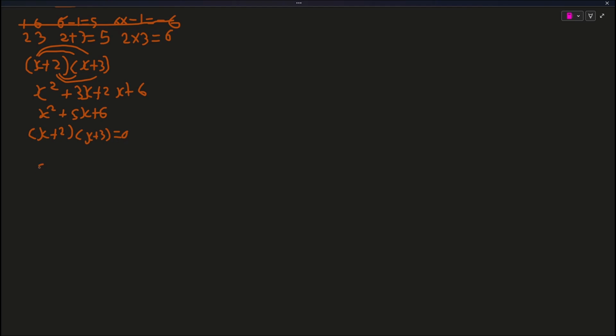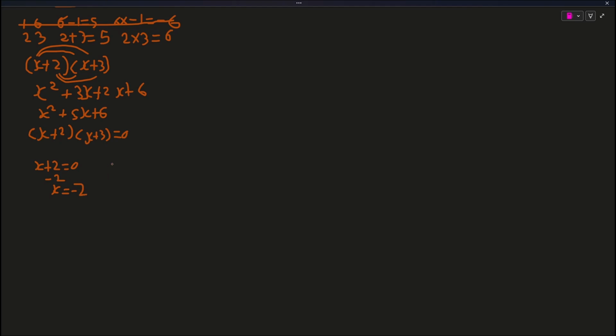So for example, x plus 2 equal to 0. Minus 2 both sides, x is equal to minus 2.